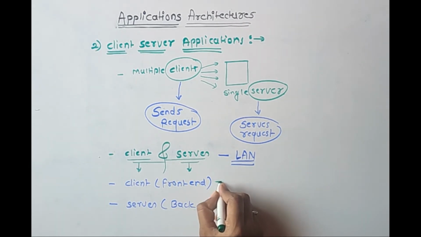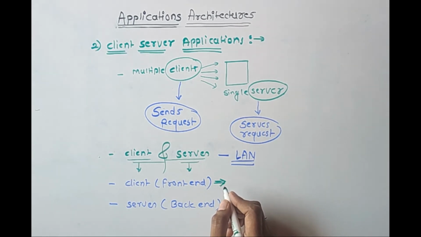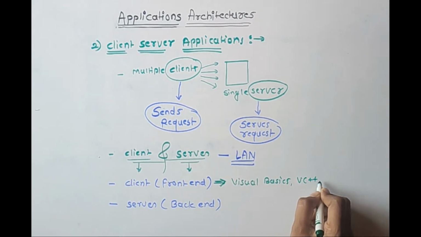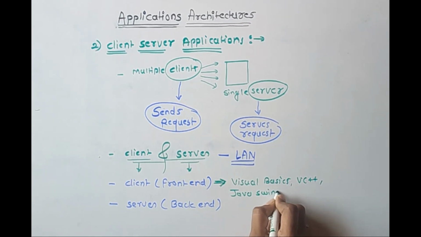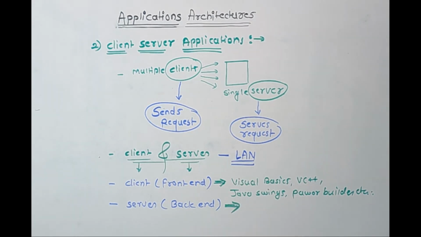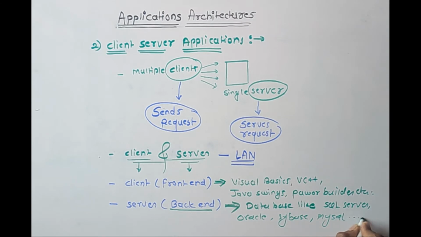The technologies used to implement the front end, meaning the client, are Visual Basic, VC++, Java Swing, PowerBuilder, etc. And the technologies used for implementing the server back end are databases like SQL Server, Oracle, Sybase, and MySQL, and many more.